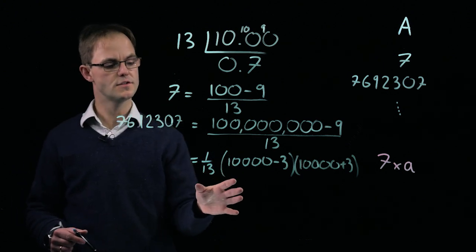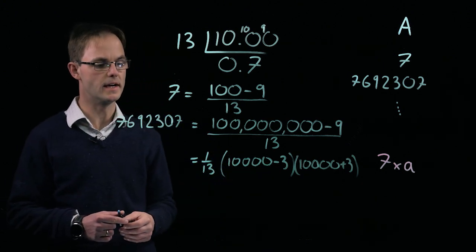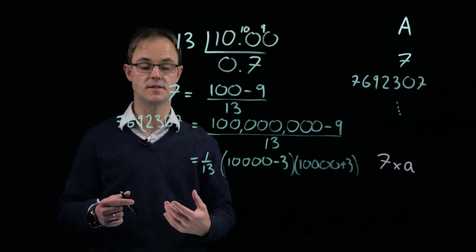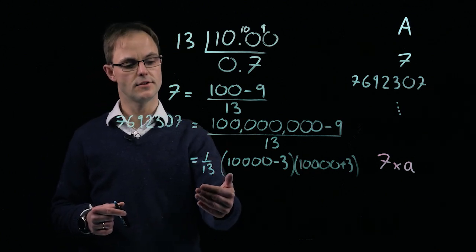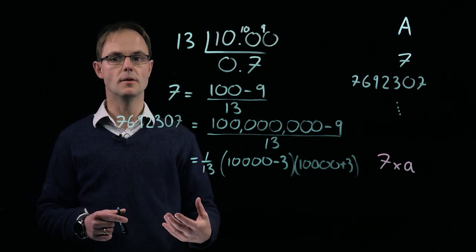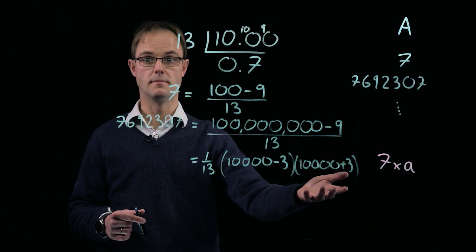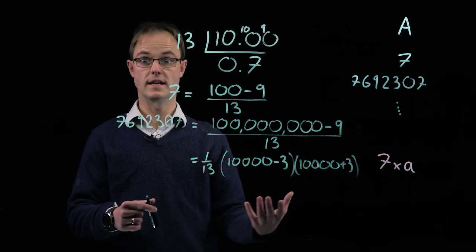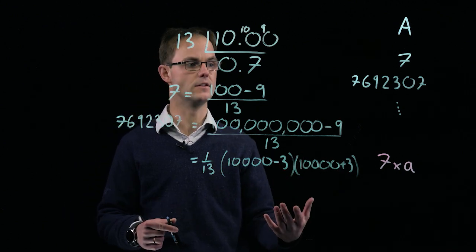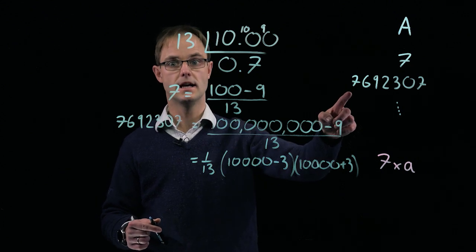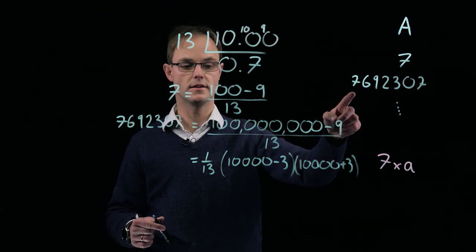Now, both of those factors in the brackets are considerably bigger than 7 times 13. So when we divide out the 13, it definitely can't be the case that this prime factorization becomes 7 times a prime number. And that shows, without actually explicitly factorizing it, finding the prime factors, that this number here has got at least 3 different prime factors.